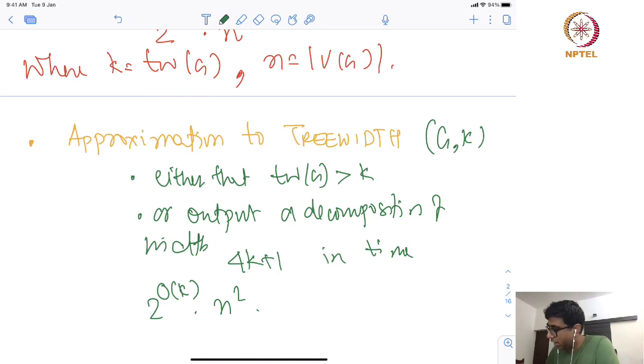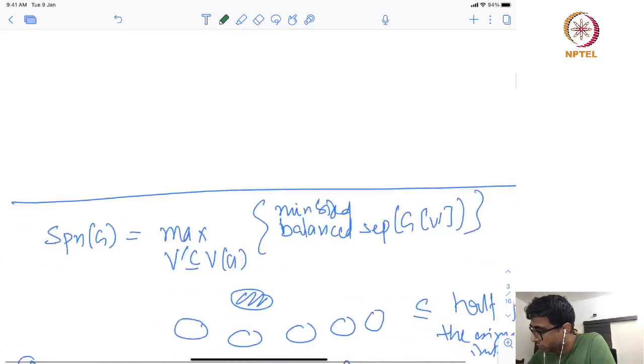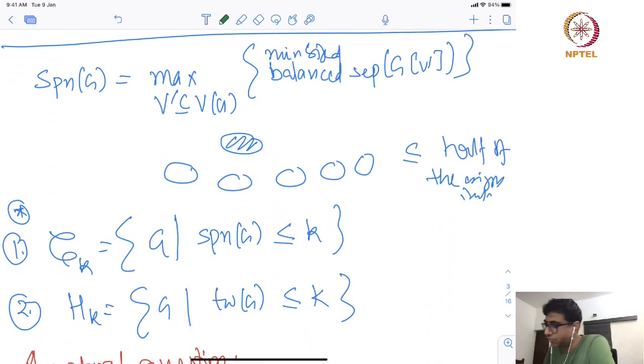Remember, in the last lecture we talked about this notion of separation number.